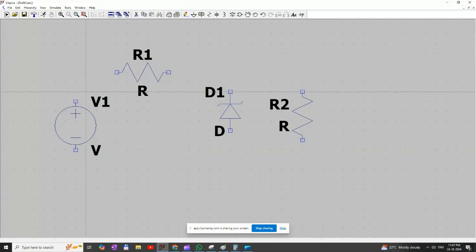The positive polarity of the supply is connected to R1, and R1 to the load and the Zener diode. And let us connect the ground.